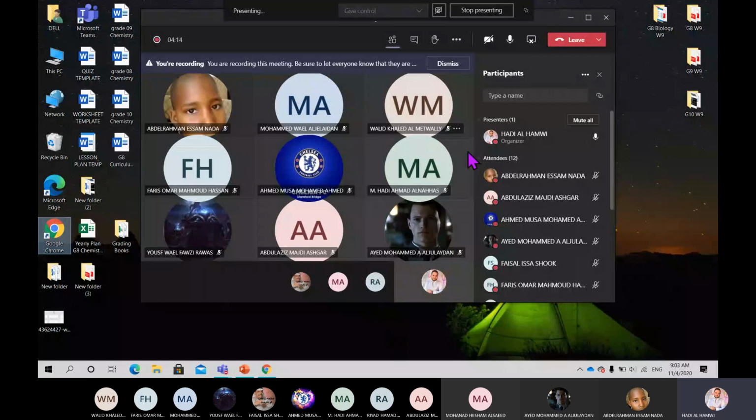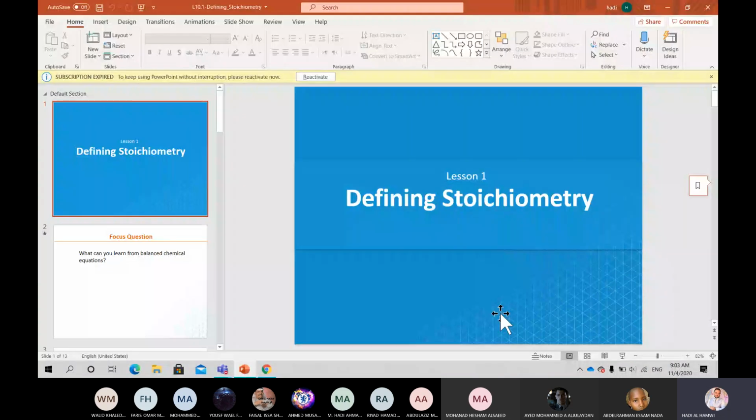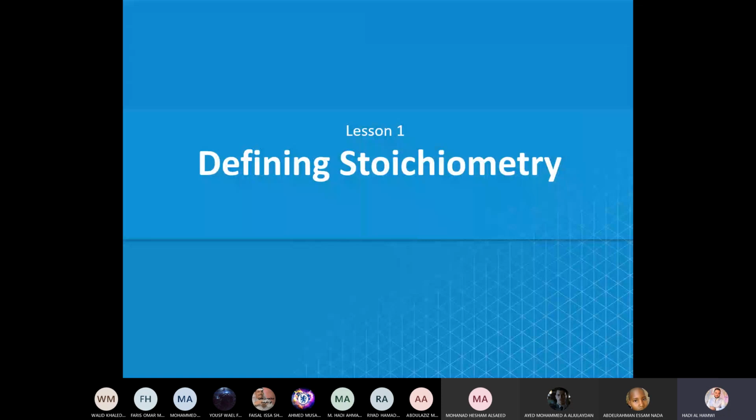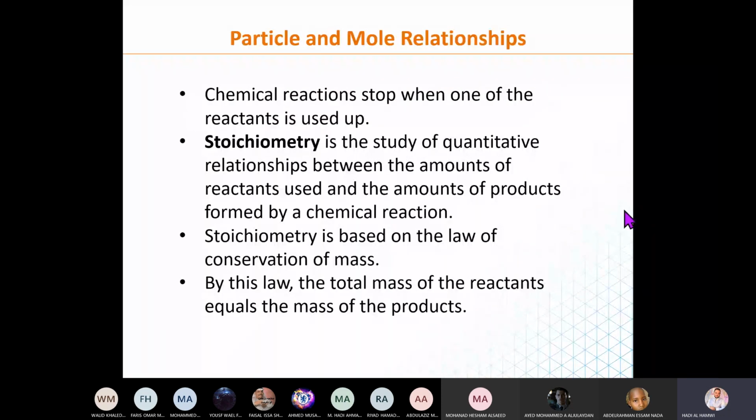Okay, so we will continue our lesson that we started yesterday. We're talking about defining stoichiometry, if you remember. We defined stoichiometry as the study of the quantitative relationship between the amounts of the reactants and the amounts of the products.